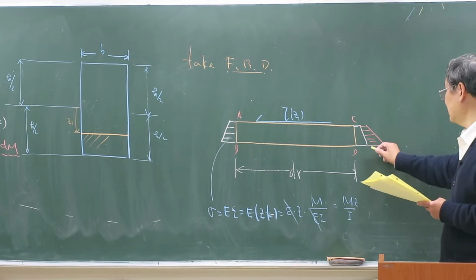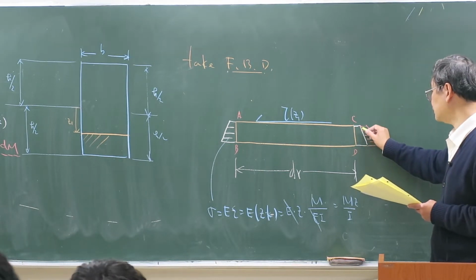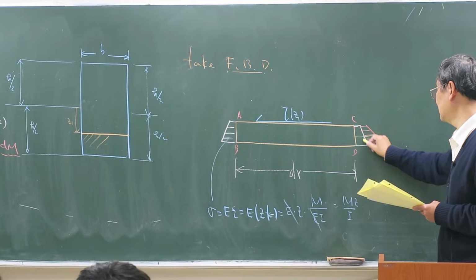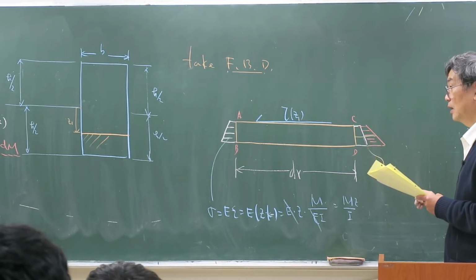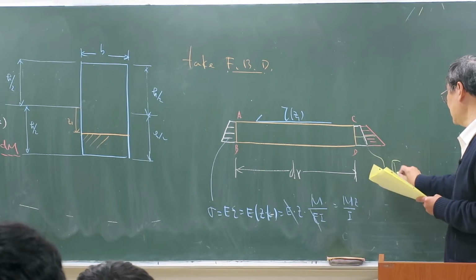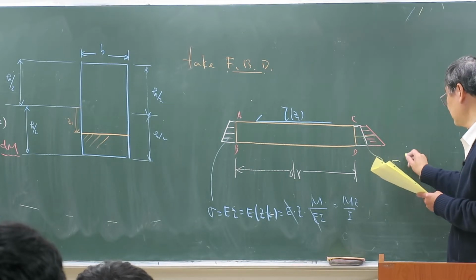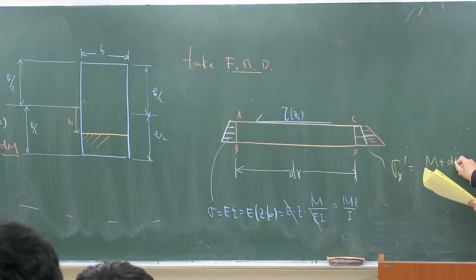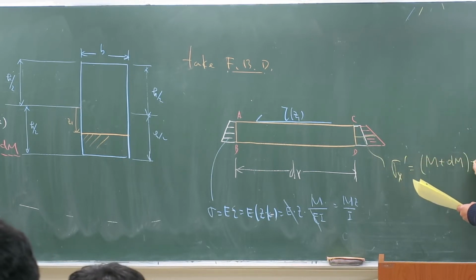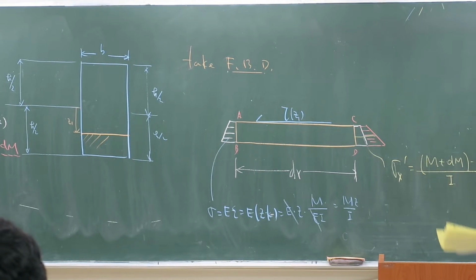So this will be sigma x equal to (M plus dM) z over I. Okay?